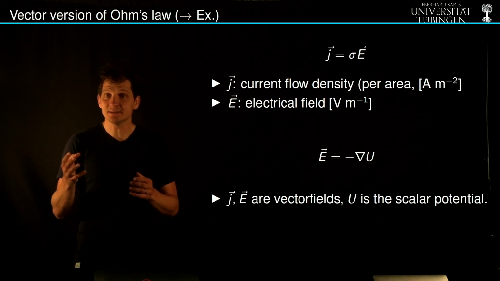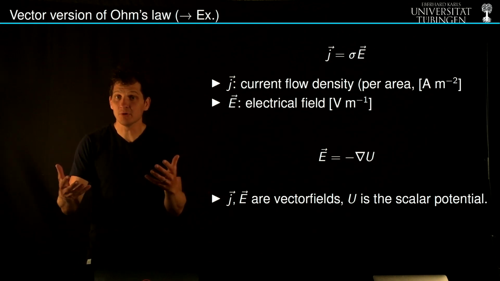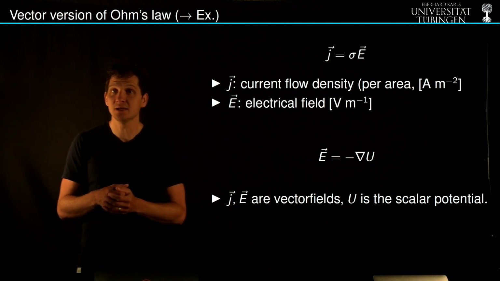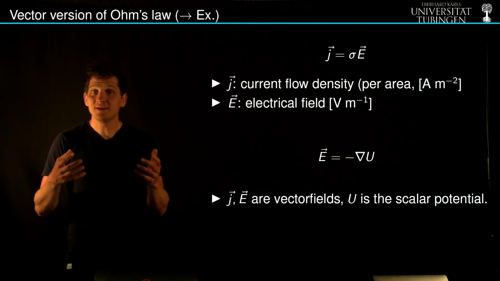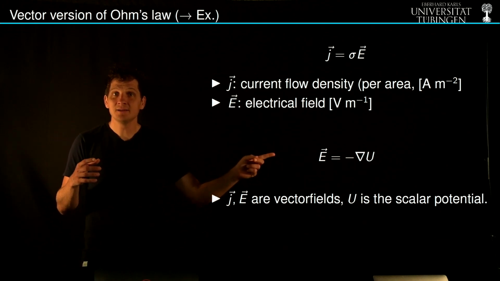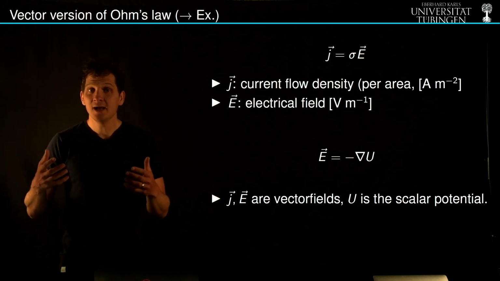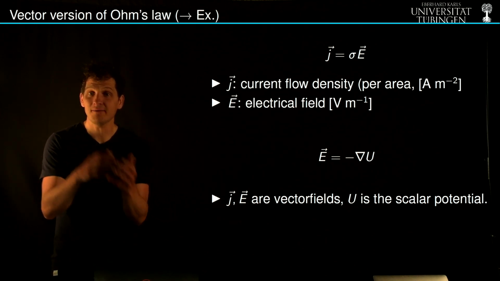In the exercises, you will show that this is a more general formulation of Ohm's law U equals Ri that we used in the previous slides. So once we accept it, we can directly define the scalar potential field U that has units volts, and we do it in the exact same way as done for the potential field in the gravity method.